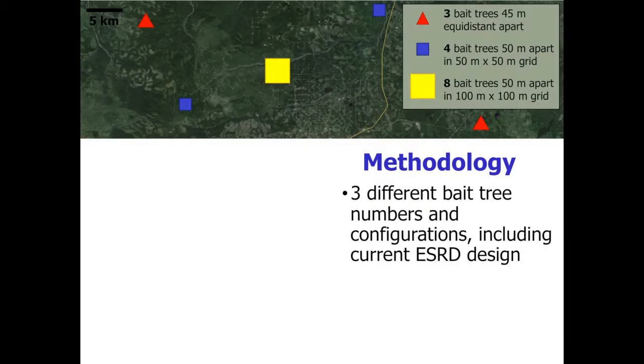So our methodology, this is just kind of a snippet of our landscape where we will place our different treatments. We have three main different treatments, which are 3 baited trees, 45 meters apart, which is the ESRD protocol. We're also going to do a grid of 4 and a grid of 8.